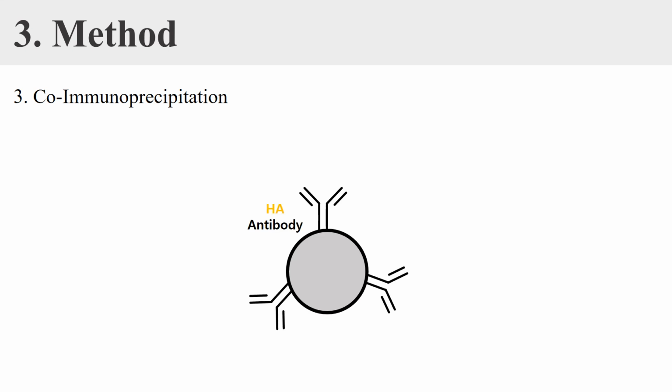In this experiment, I used magnetic A bead. First, add the HA tag antibody to the bead and then add the extracted protein. Although there are several types of proteins in the sample, only the HA tag protein is specifically bound in the bead tagged with HA antibody.